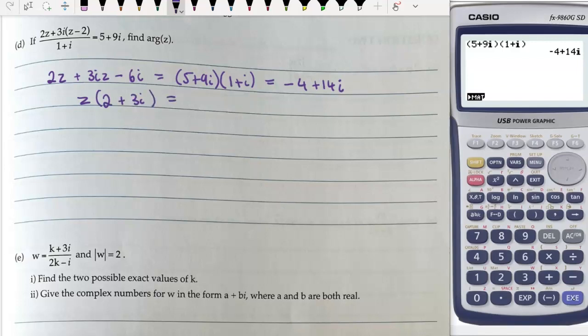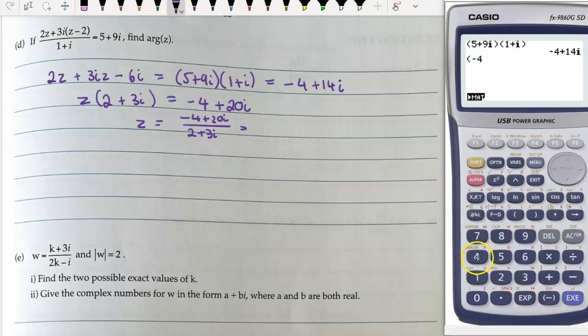So 2 plus 3i, and then we'll take over the 6i. If we take that 6i and bring it over here, we'll add another 6i. So that'll be minus 4 plus 20i. So then z will be minus 4 plus 20i divided by 2 plus 3i.